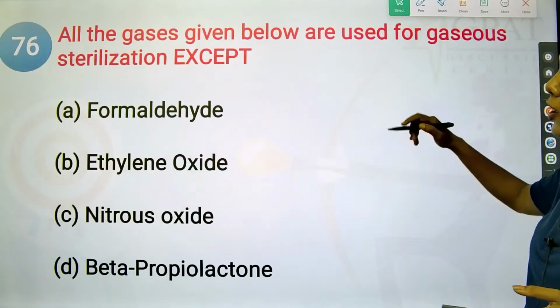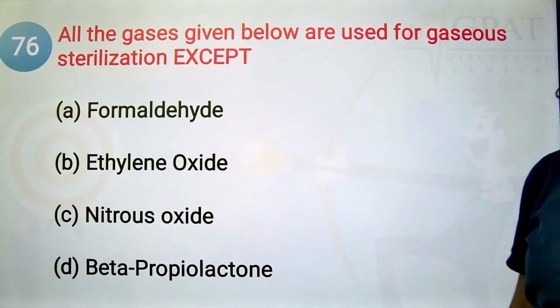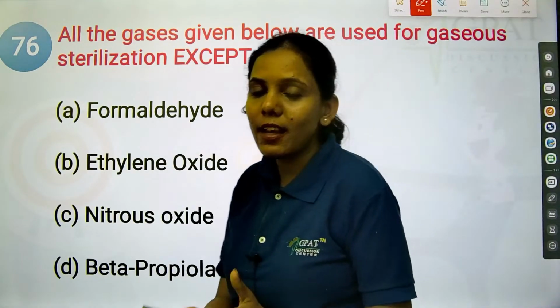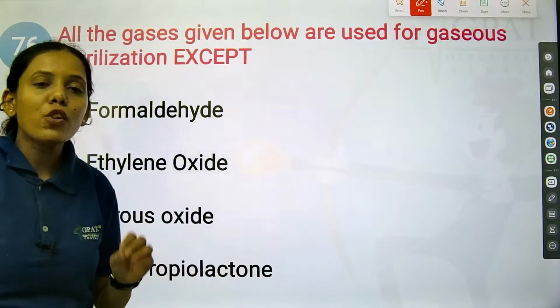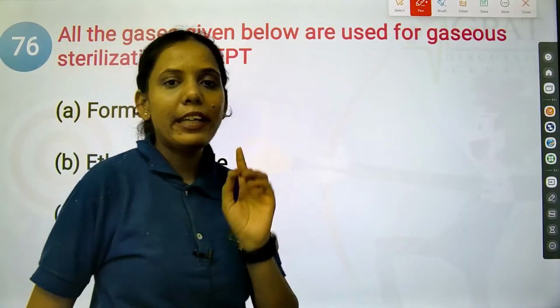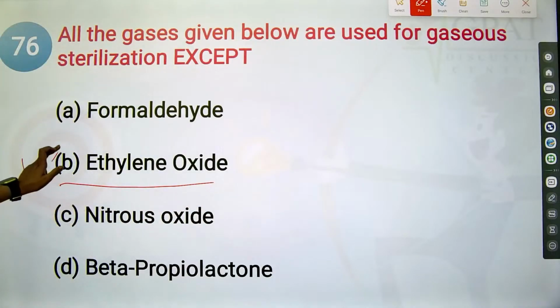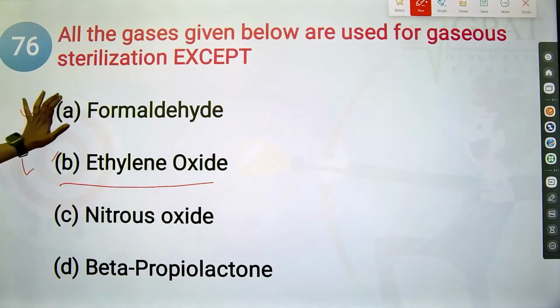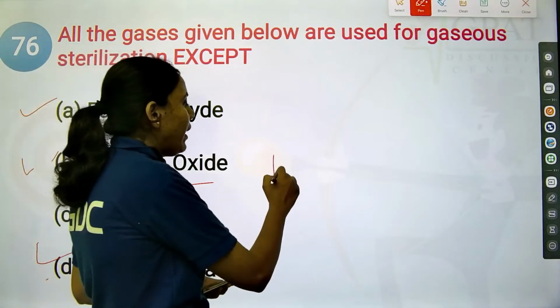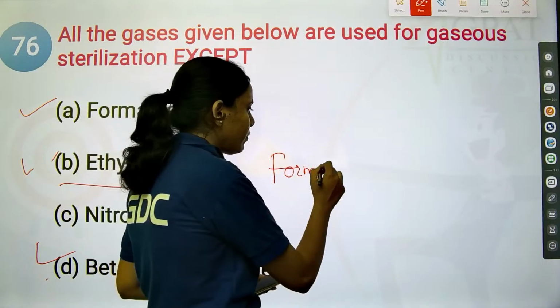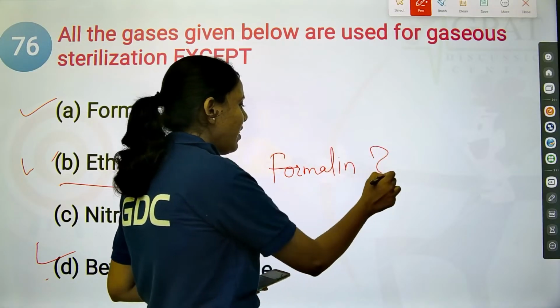The next question. All the gases given below are used for gaseous sterilization except. We have seen the most widely used is ethylene oxide. But apart from that, we also use formaldehyde and beta propiolactone. What is formalin? Generally, this is a preservative.